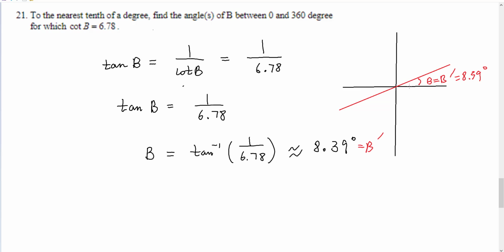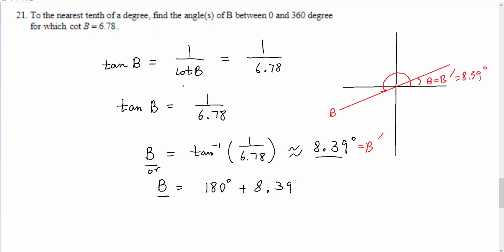That's the first one. Another angle is 180 plus the reference angle, in the third quadrant. So what is the second B value? How do you find that? Remember, the reference angle is equal to B itself in quadrant 1. There's another value of B in quadrant 3 because tangent is positive in quadrant 3, and that one is 180 plus the reference angle.